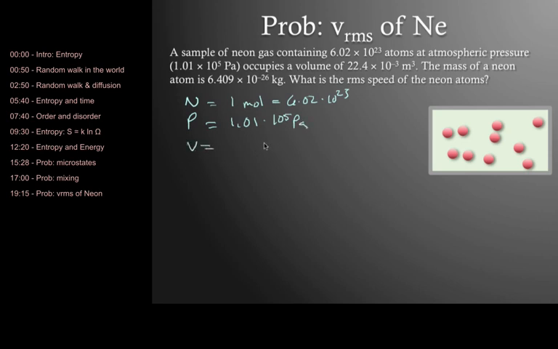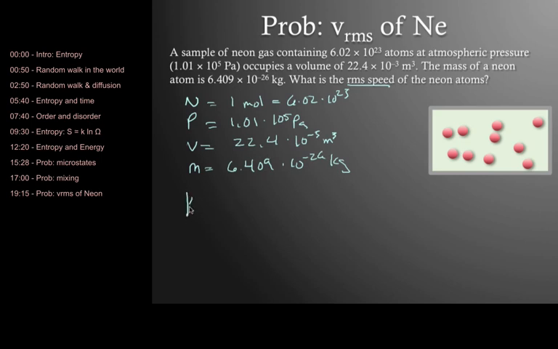And we're also at standard volume, so this is our 1 liter of gas, so 22.4 times 10 to the minus 3 cubic meters. And then we also are given M, which is 6.409 times 10 to the minus 26 kilograms. Now we want to know what is the speed of a neon atom on average.